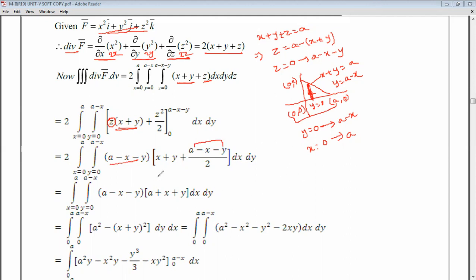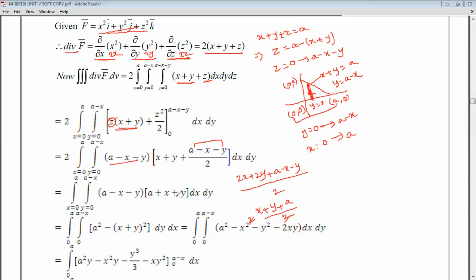And then, taking the LCM, 2 is the LCM, so we get 2x plus 2y plus a minus x minus y, by 2. Here 2x minus x is nothing but x, and 2y minus y is nothing but y, and a stays as it is. So a plus x plus y by 2. But the 2 outside is already there, so the 2s cancel.